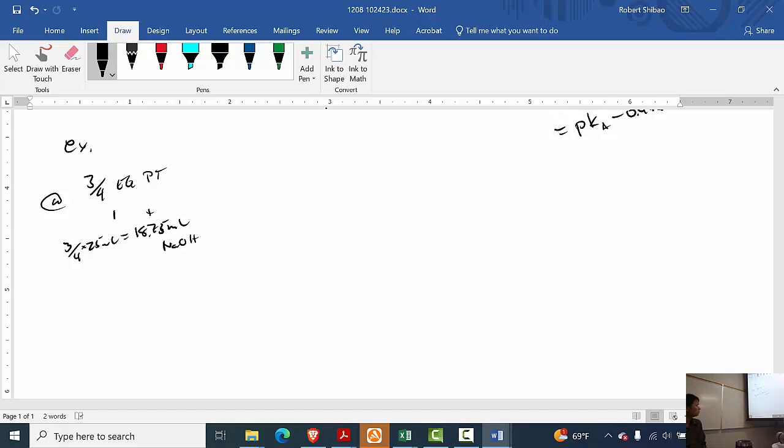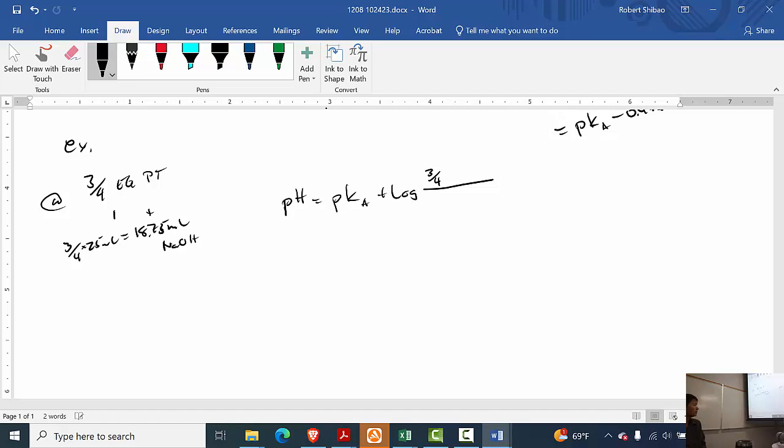And so what I'm going to do here is go straight to the Henderson-Hasselbalch. The pH is equal to the pKa plus the log. Now, how much acid have I neutralized at the 3/4 equivalence point? 3/4. And all that 3/4 that was neutralized is going to turn into base. And so I'll have 3 parts base.